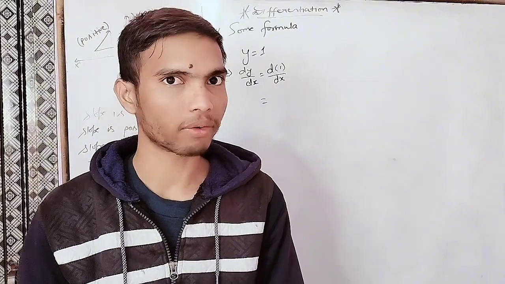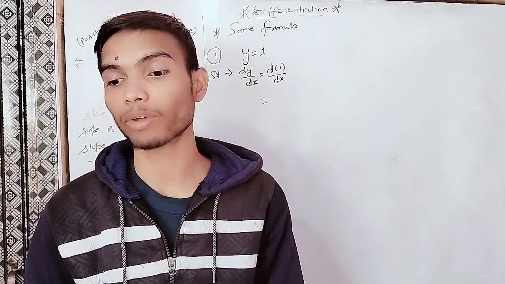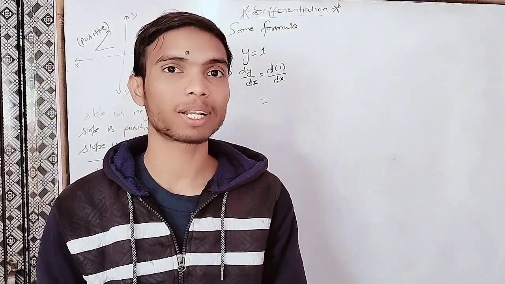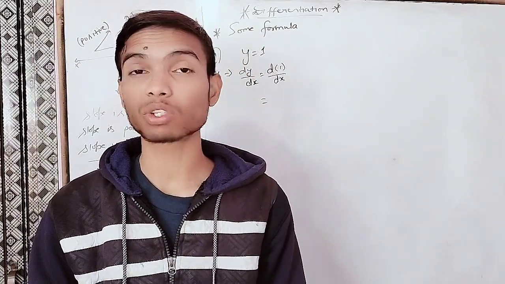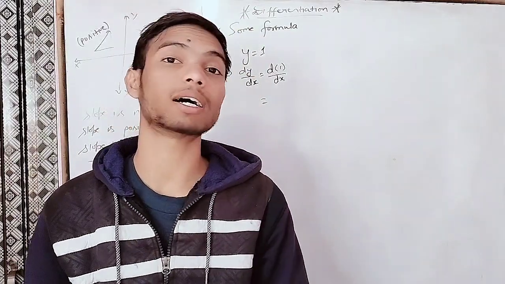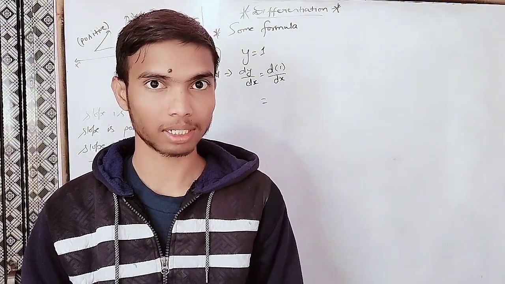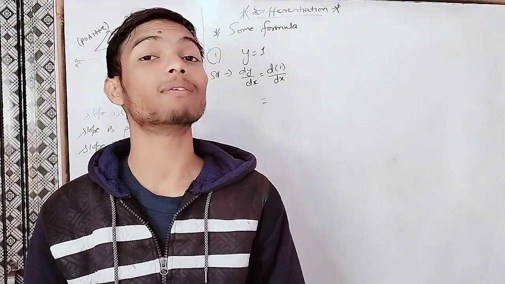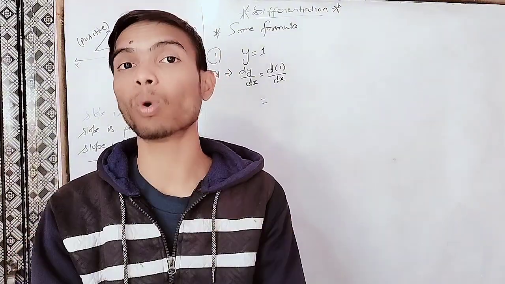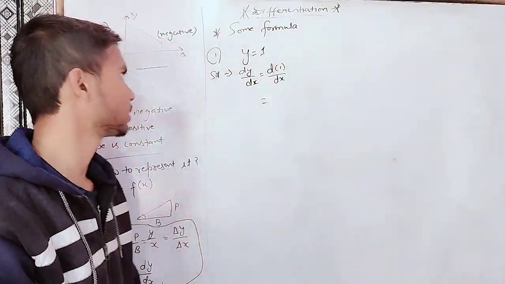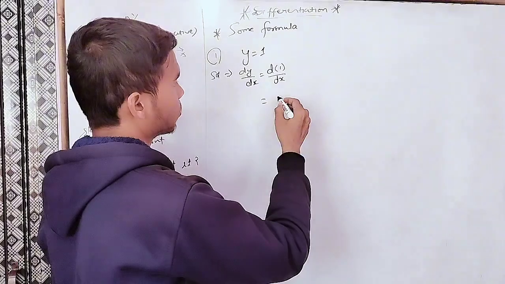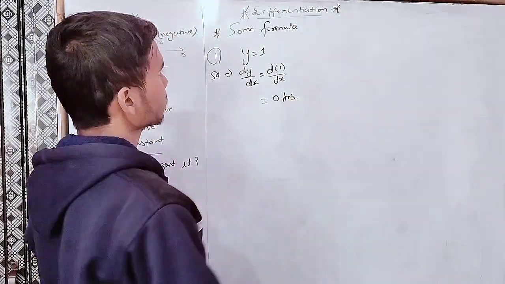Let's suppose we have y is equal to 5. So we can say our 5 is at a fixed point. Our slope is not going downwards and also not going upwards. Instead, our slope is at one point. That's why it is said constant. So of course, this will be 0.